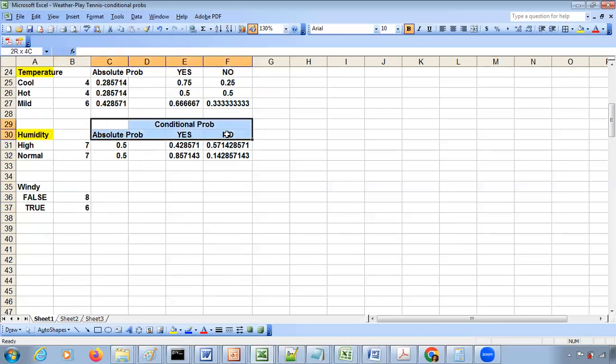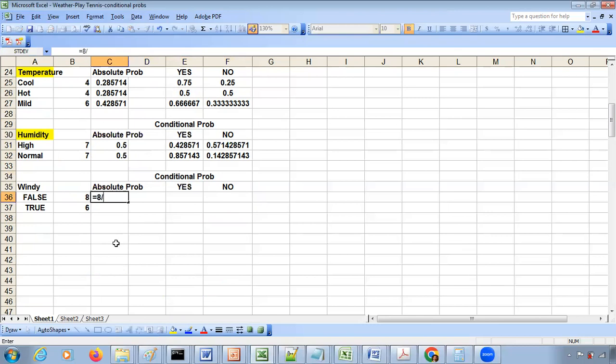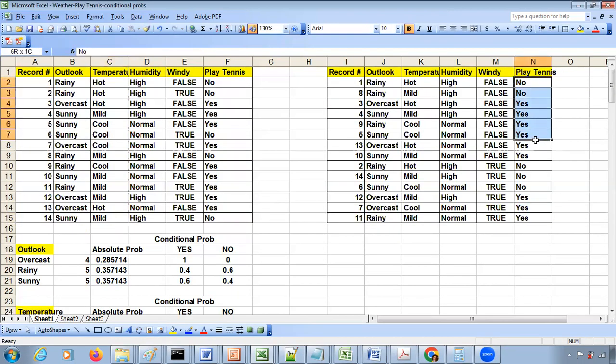So now you're ready to compute the absolute probabilities. So 8 out of the 14 is false for windy, and 6 out of the 14 is true for windy. So now of the 8 false records, you have 2 no's and 6 yes.